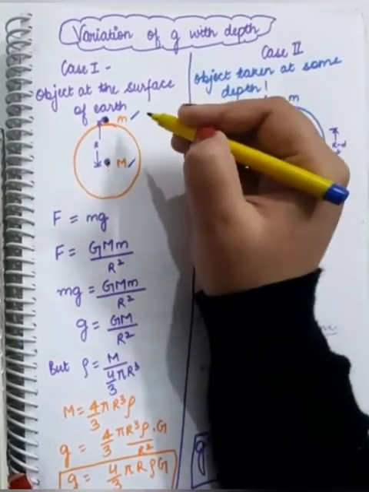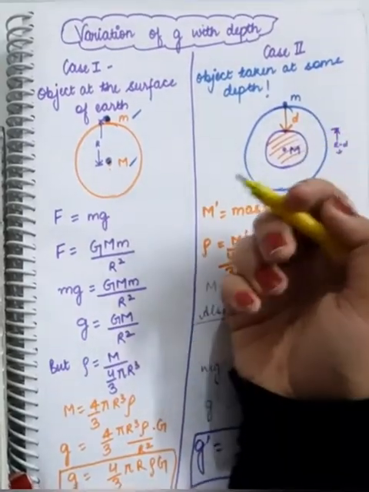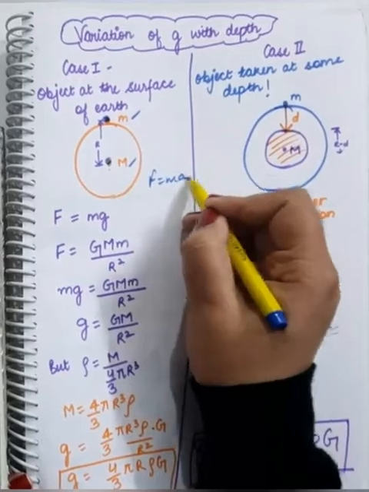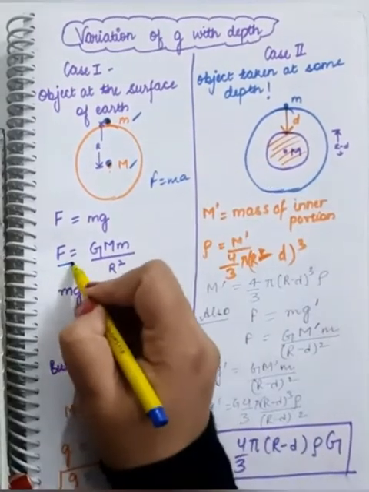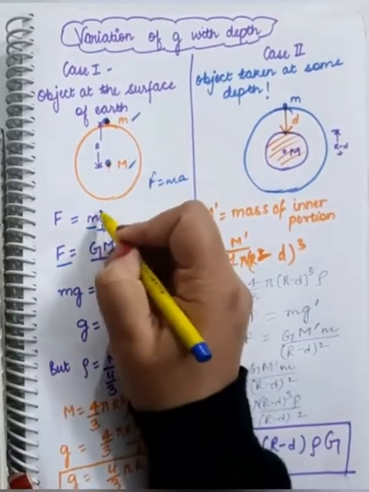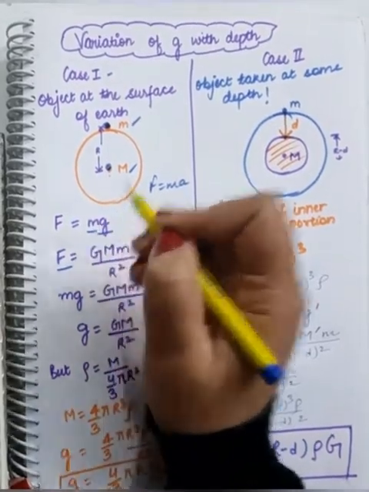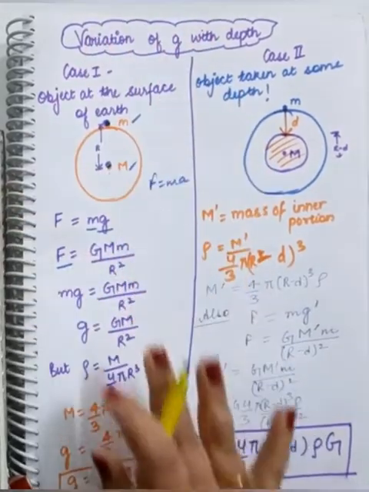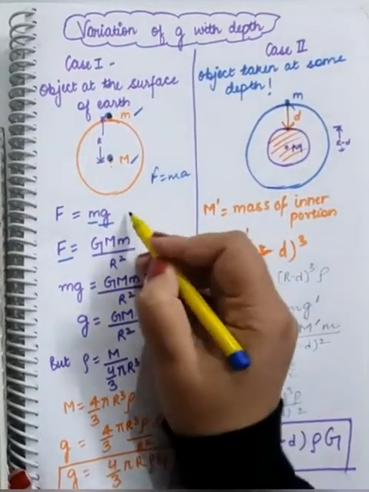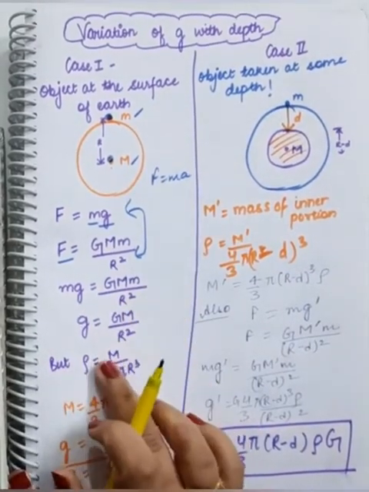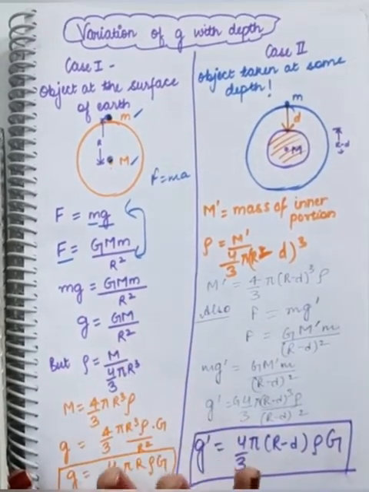Due to this gravitational force, the object is going to accelerate, because every force means mass into acceleration. So this force can also be written as mass into acceleration due to gravity, where g is the acceleration due to gravity experienced by the object when it is on the surface. This is case number one, right? And you can equate these two equations, and when you equate them, you will get the value of g, right?